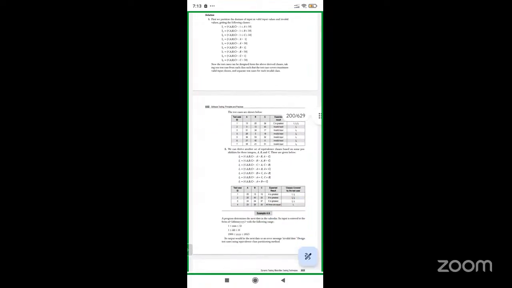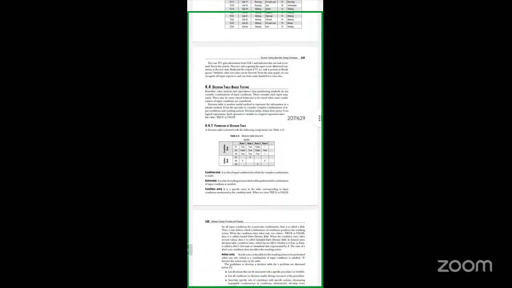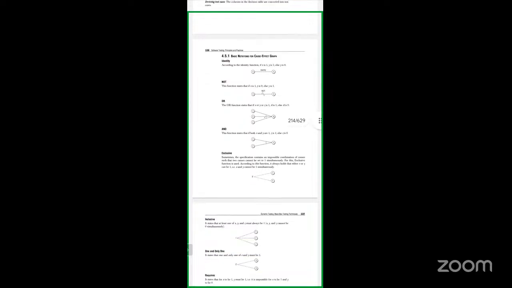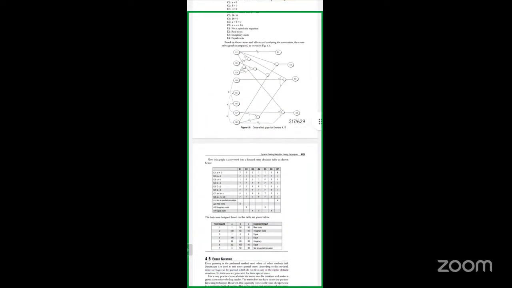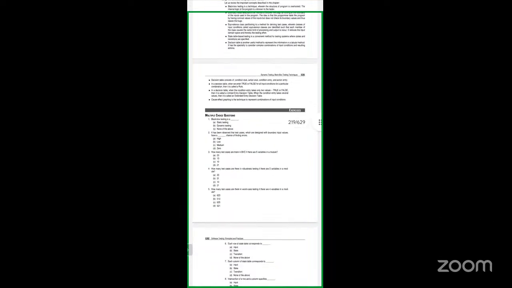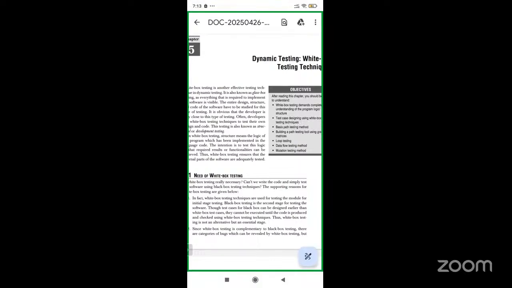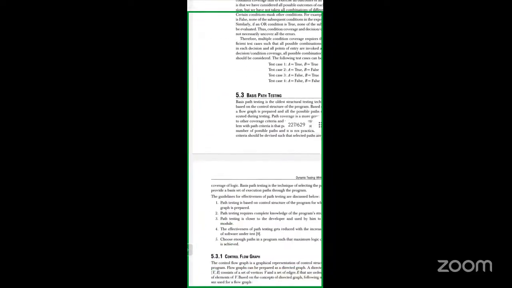Check the solutions of each and every problem in this particular part, that is black box testing. Then in tomorrow's class, we still have time. In white box testing also we will have similar kinds of problems.